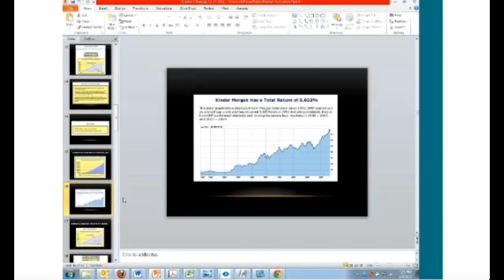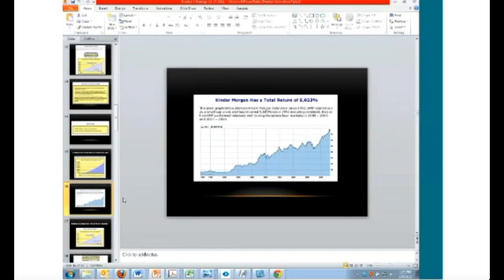And here's a graph of the total return for Kinder Morgan, and it's had a total return since its inception in 1992 of over 5,000%. Great returns for such a low risk investment.